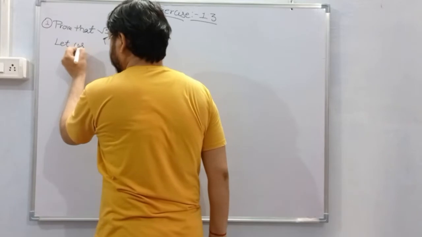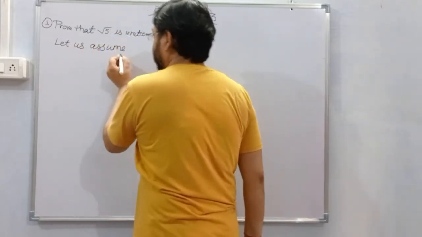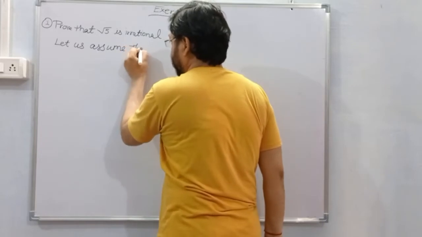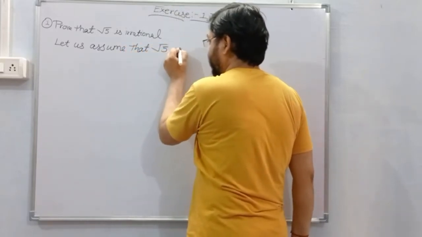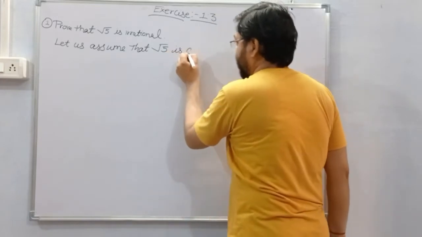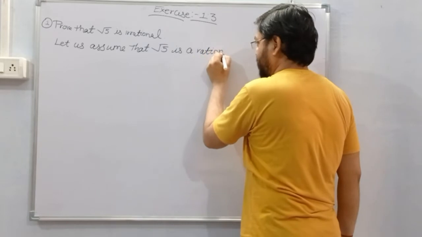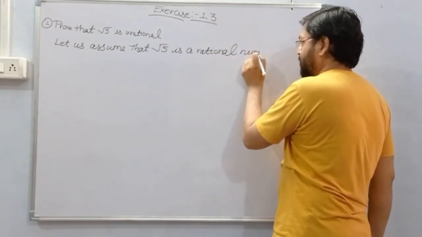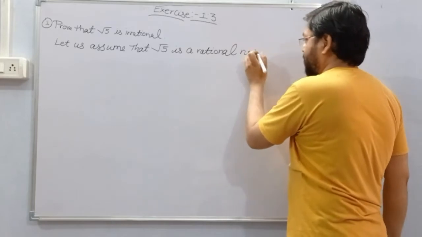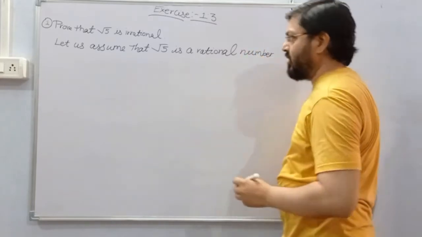Let us assume that root 5 is a rational number.